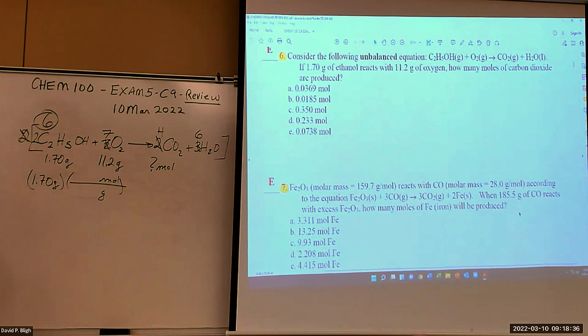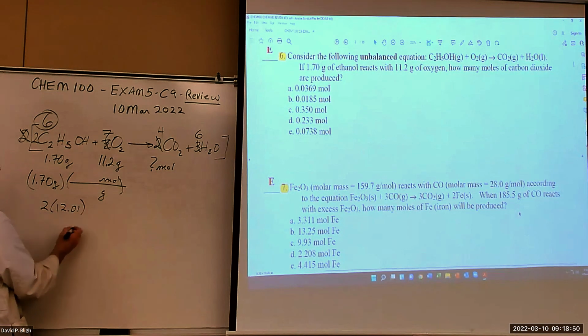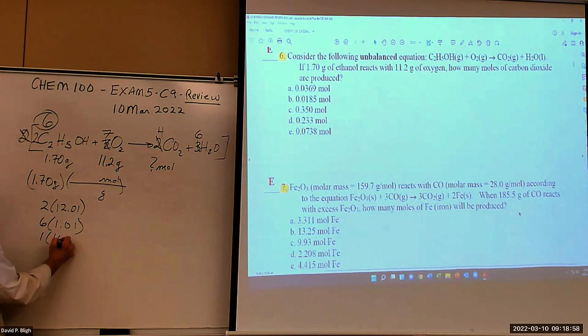into moles. So you got to go to your periodic table and you need 2 carbons, which is 12.01. Let's do it this way. That's the carbons. We got 6 hydrogens right there, and we got 1 oxygen.